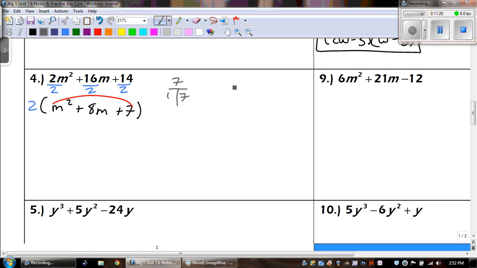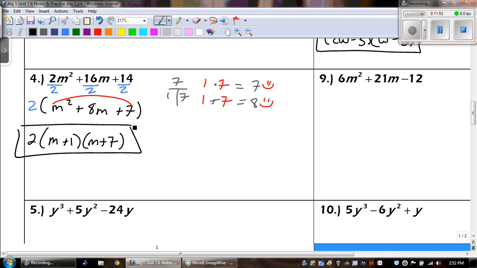Factors of 7 are 1 and 7. So what numbers multiply to 7 but add up to 8? Well, there's only one set, and that's 1 and 7. Okay? So then the 2 stays out front, and we're left with m plus 1, m plus 7. Okay, so even if there's a GCF, we can still do that shortcut.